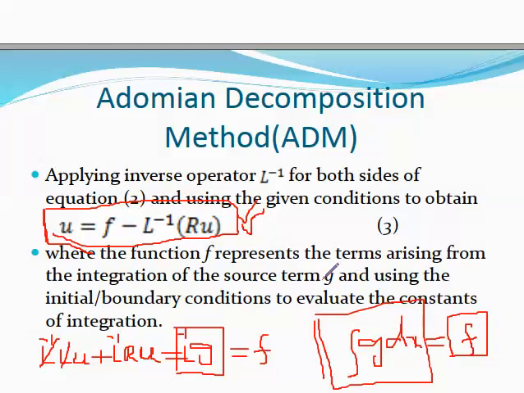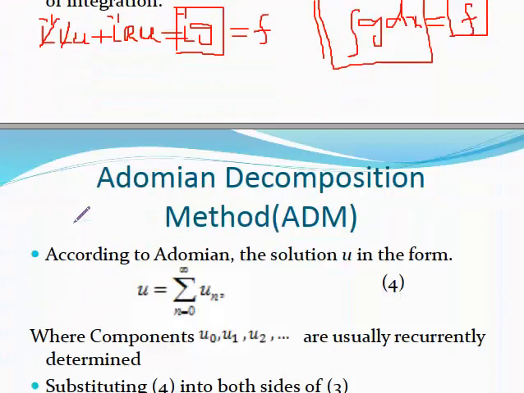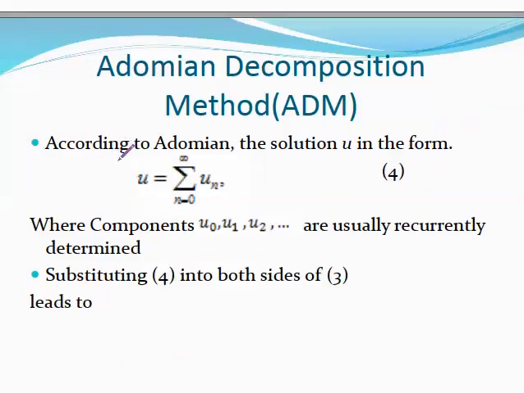Now in the next step we are going to replace this unknown function u by a series form, which in this case is exactly this one: u is equal to summation n from 0 to infinity of un.